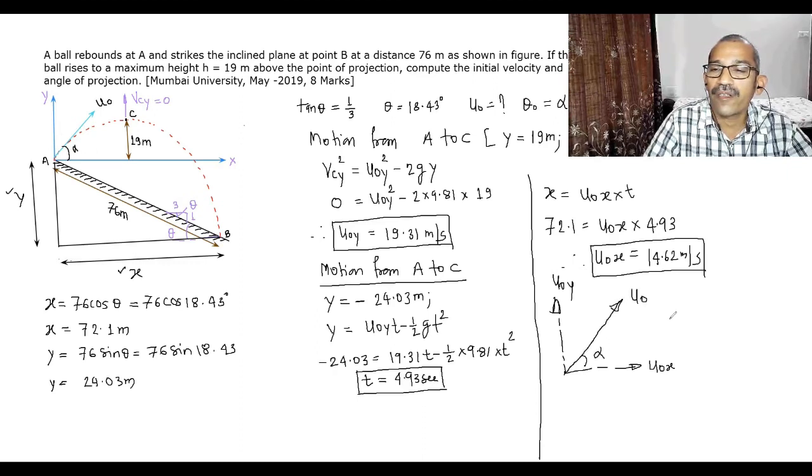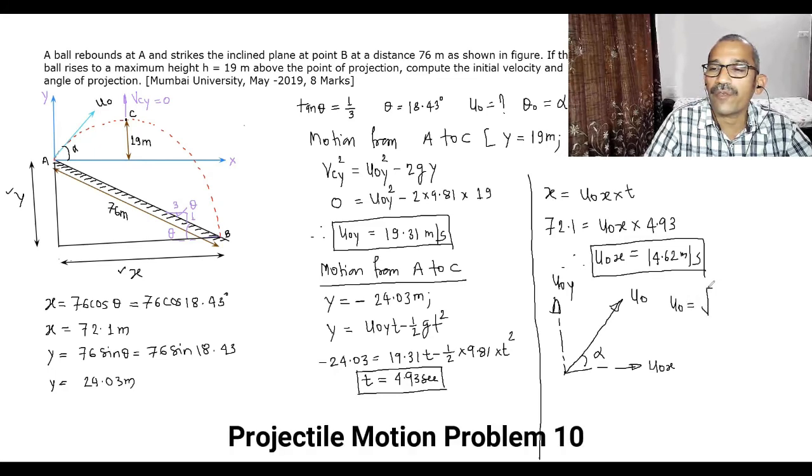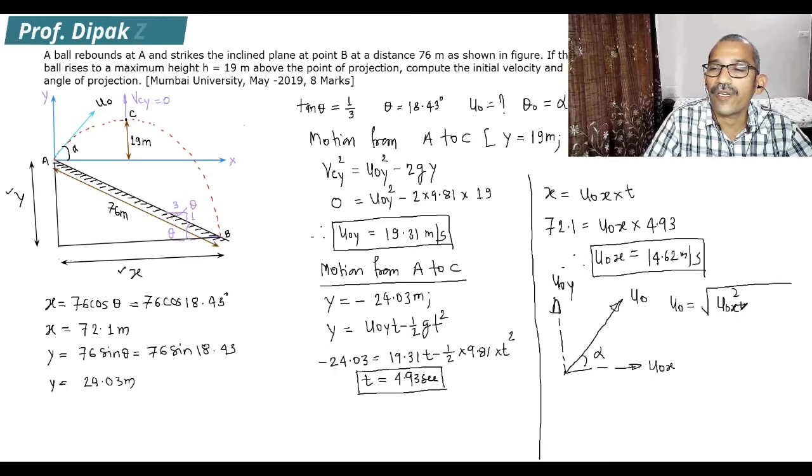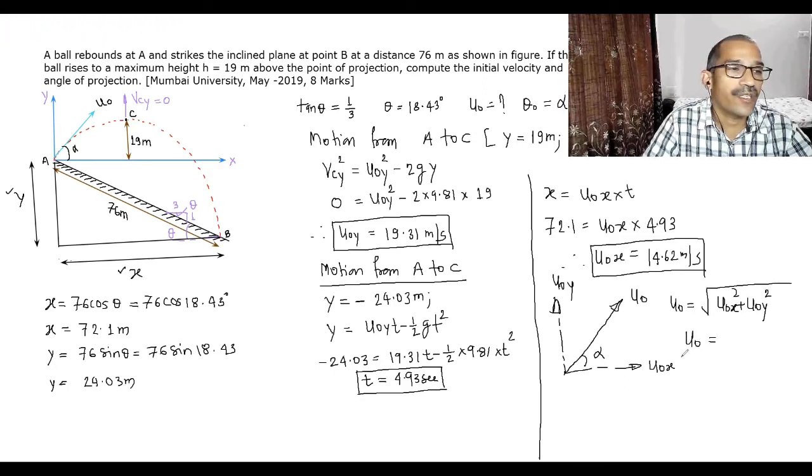The magnitude of u0 we will find by applying the Pythagoras theorem, that is u0x square plus u0y square. If we substitute both values, u0 comes out to be 24.22 meters per second.